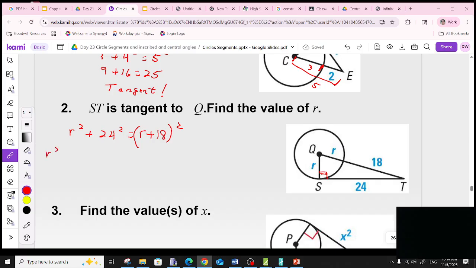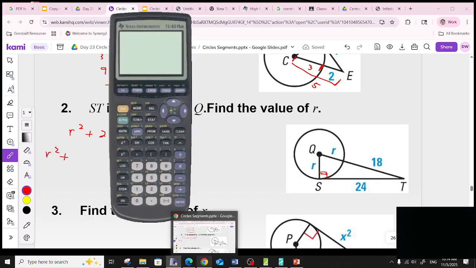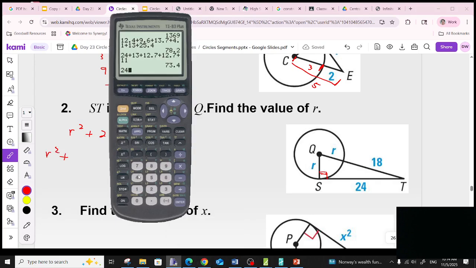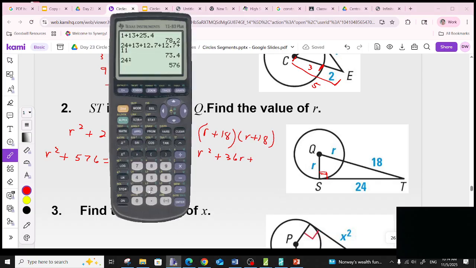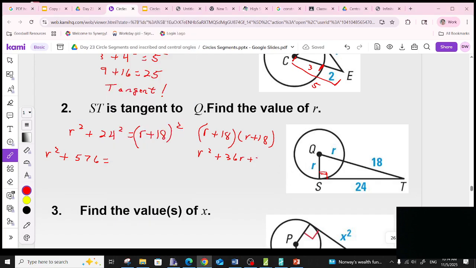So this would be r squared plus 576. And then over here, r plus 18 times r plus 18. R times r is r squared. 18r plus 18r is what? 36r plus, and what's 18 times 18? 324.